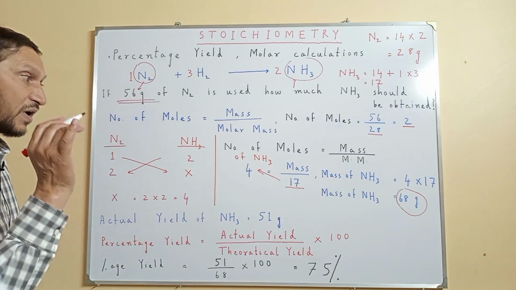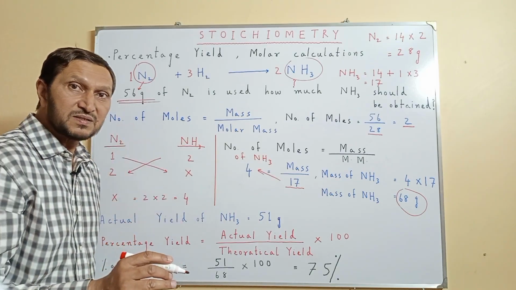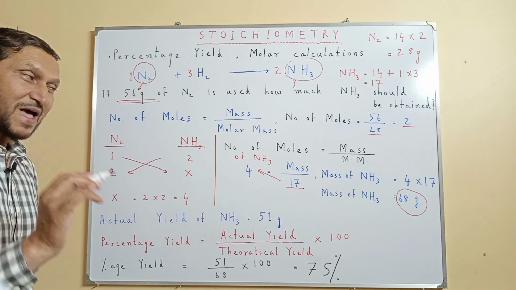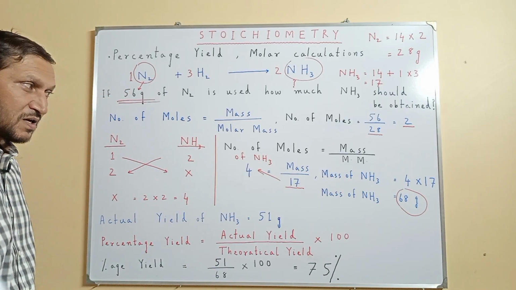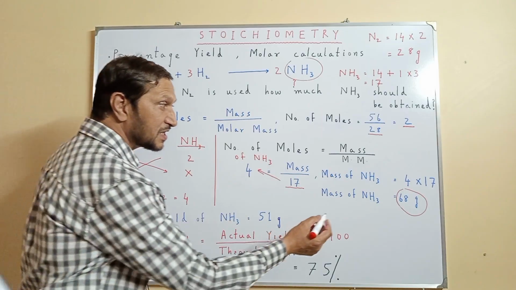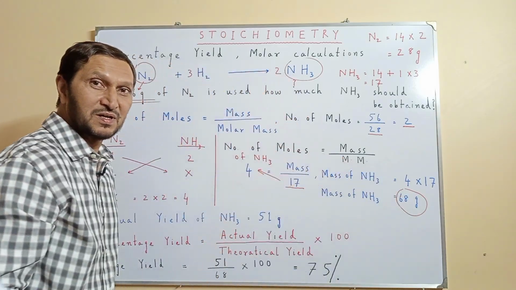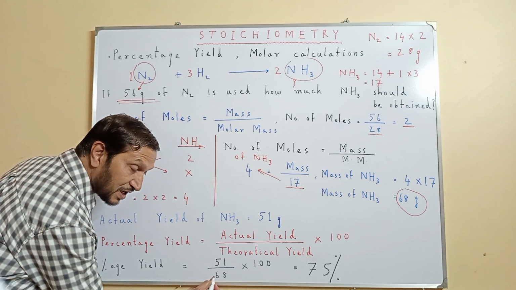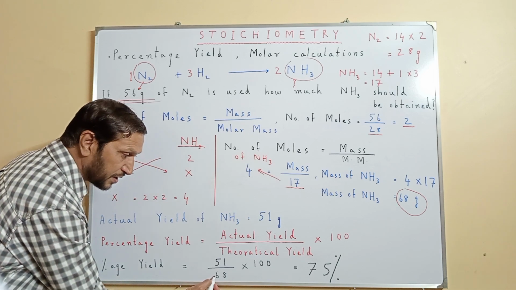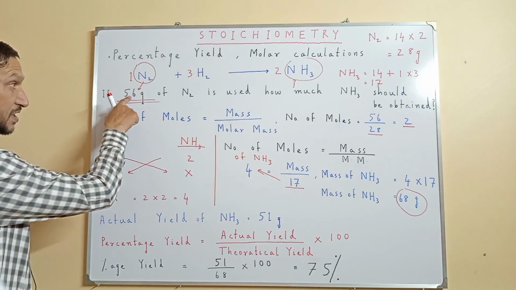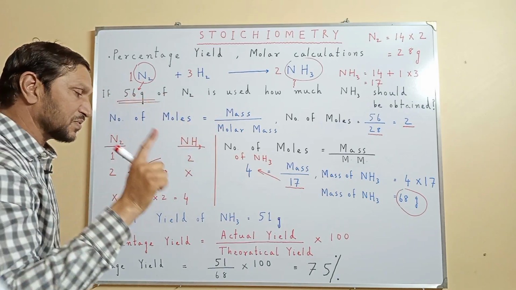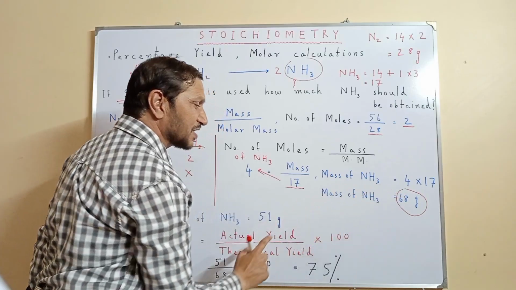Now, for instance, our theory is saying that the mass of ammonia we are expecting is 68 grams. Here I will write 68, because according to our theory, if 56 grams of nitrogen is available, we should obtain 68 grams of ammonia.